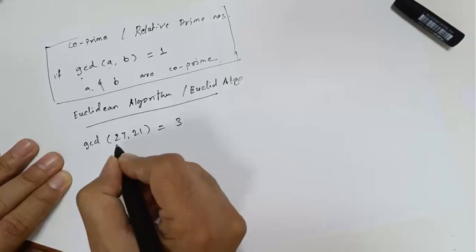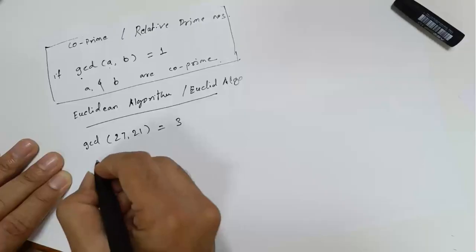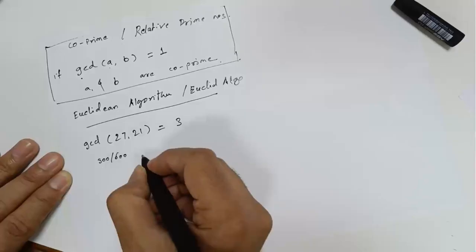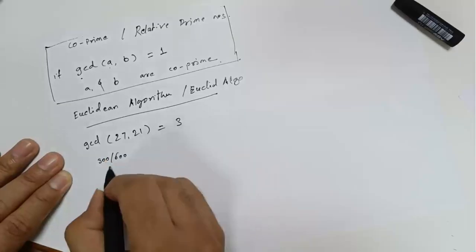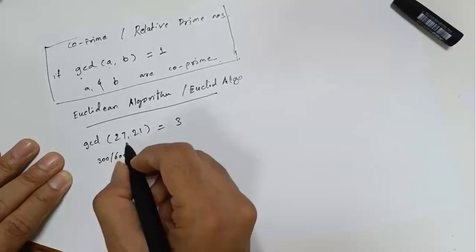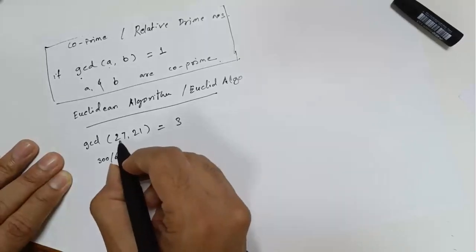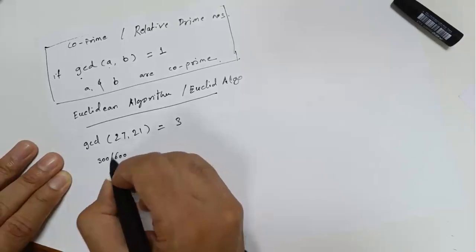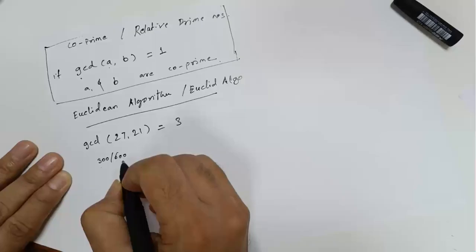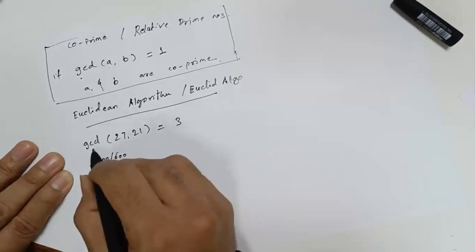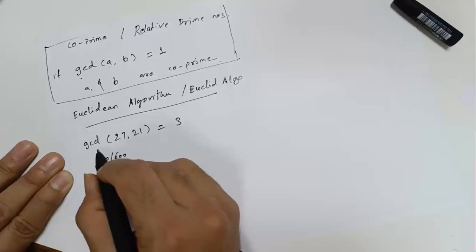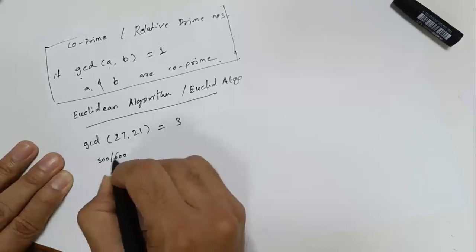But think about numbers which are 300 or 600 digits long. Right now we are dealing with 2-digit numbers. Think about a 300 or 600 digit number. How to find the GCD value of such large numbers?